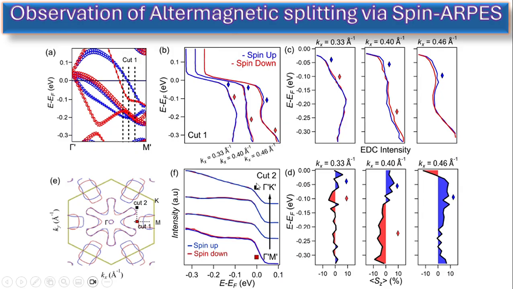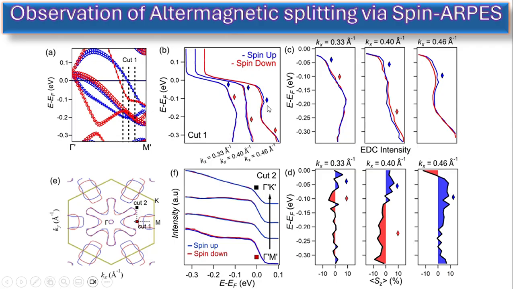So here we bring again this spin resolved calculated electronic structure to show the different vertical cuts where we take the spin resolved EDC extraction. All of the three vertical lines are at kx equal to 0.33, 0.44, and 0.46 per Angstrom.